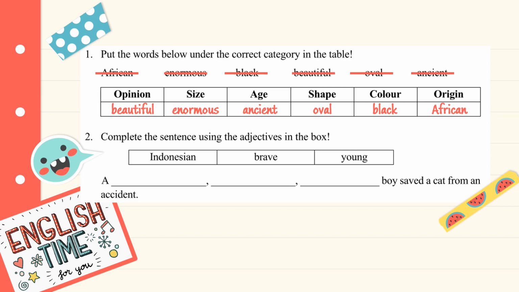Brave is the opinion. Yes. Young. Young is the age. Very good. So, which one goes first? The opinion. Very good. Brave. After that, which one goes after brave? Indonesian or young? Of course, young. Yes. And the last one must be Indonesian. Okay. Brave, opinion, young, age, Indonesian, origin. Good.